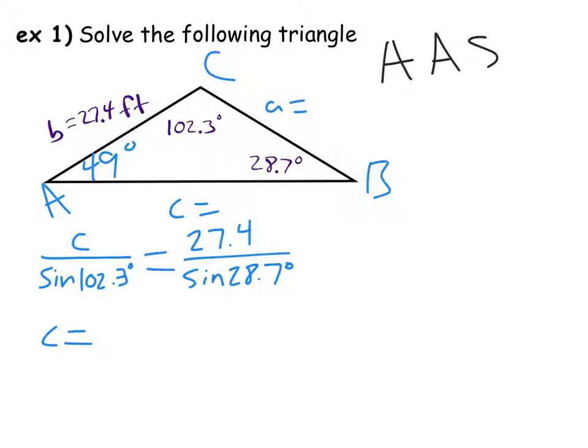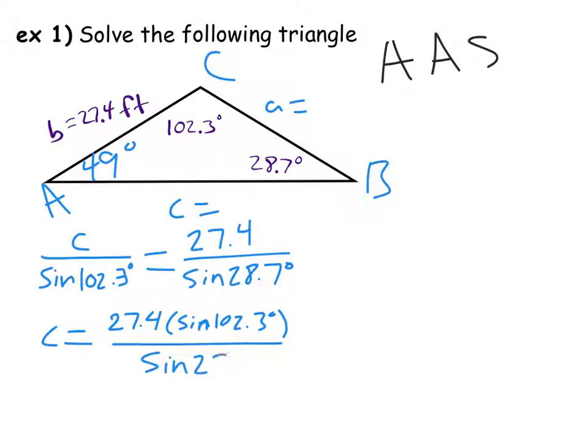Pretty straightforward stuff here. Multiply both sides by the sine of 102.3 degrees. You get a big mess that's going to obviously have to go into your calculator.